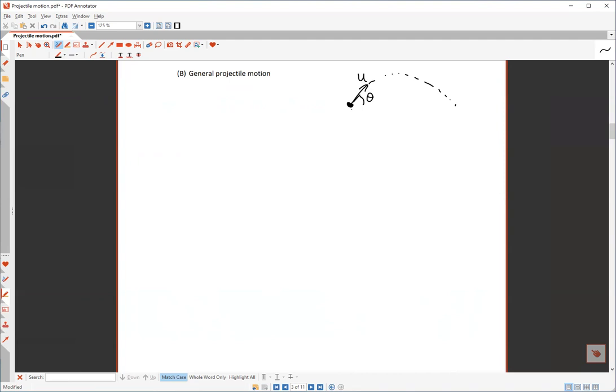In this case, I still let the right direction be the x-axis and the vertical axis be y. Similarly, the steps are quite similar.